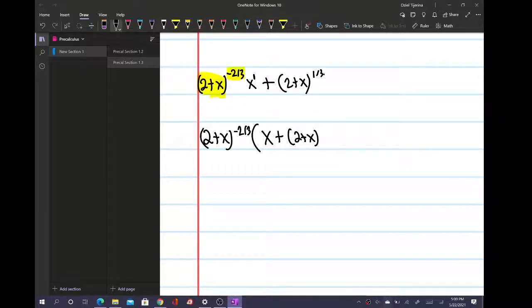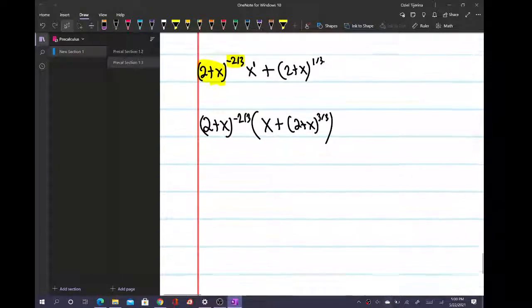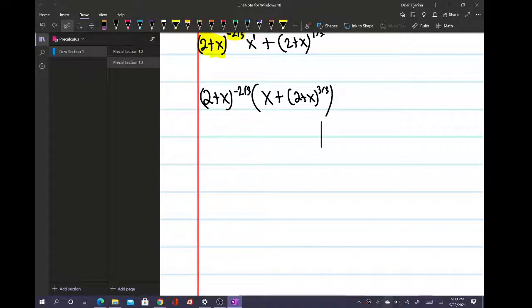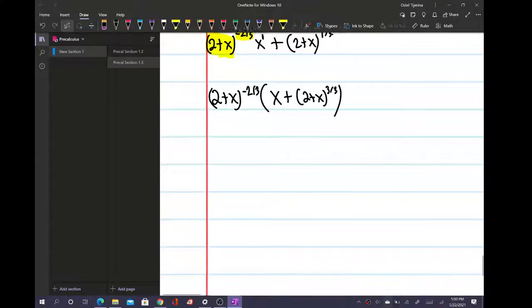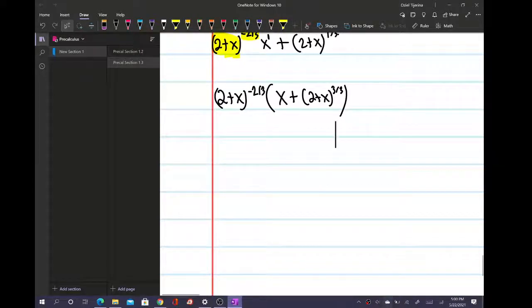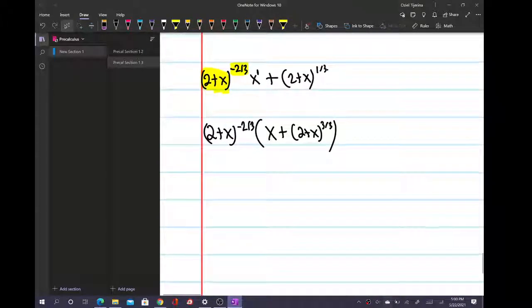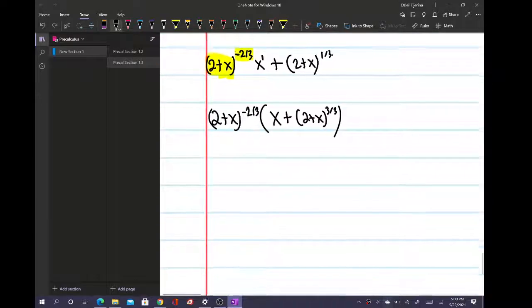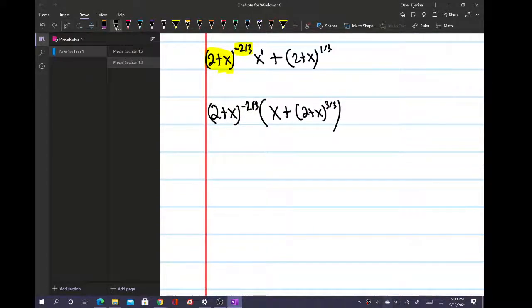It would be 3/3. That's what it would be, right? So then, since we are factoring this out, this is what we get when we factor out the 2 plus x, right?